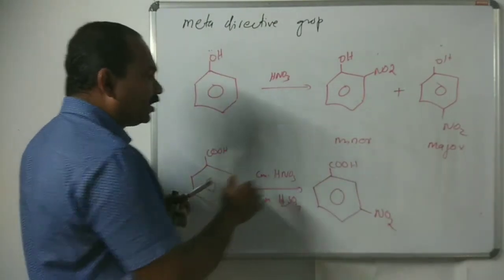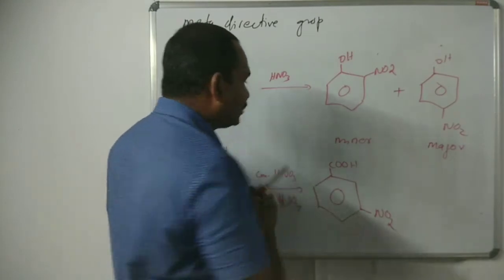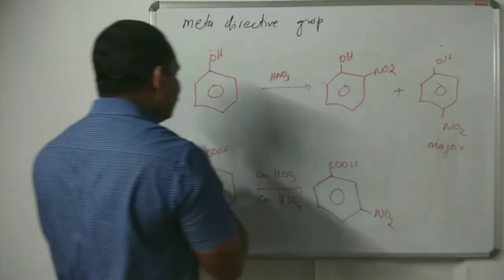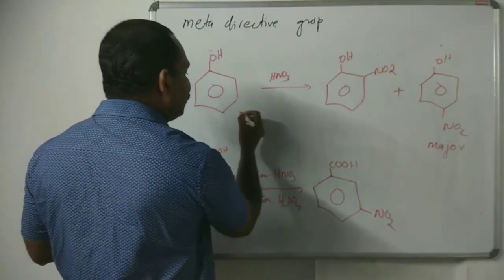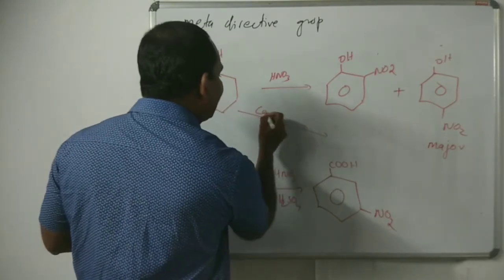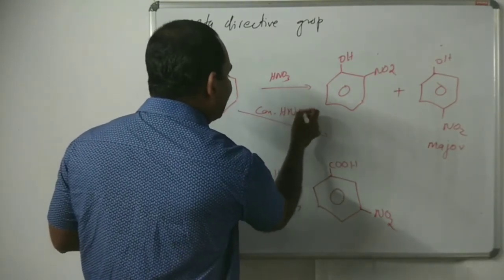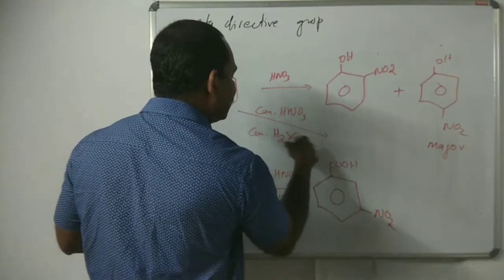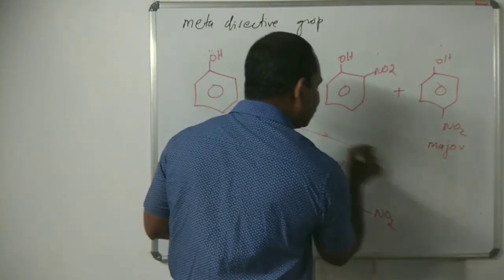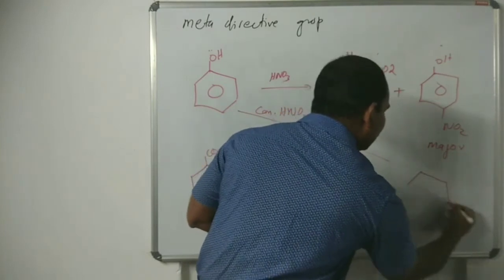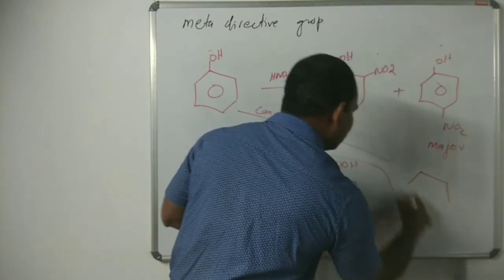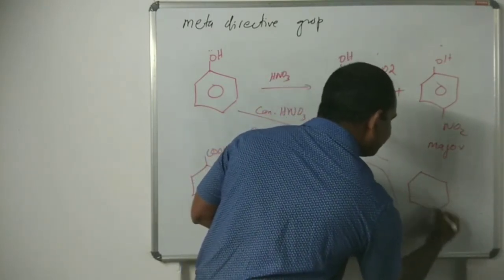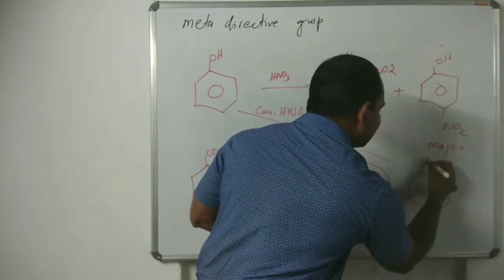Then I will give the answer for what happens when concentrated nitric acid and concentrated sulfuric acid are taken. The product is picric acid.